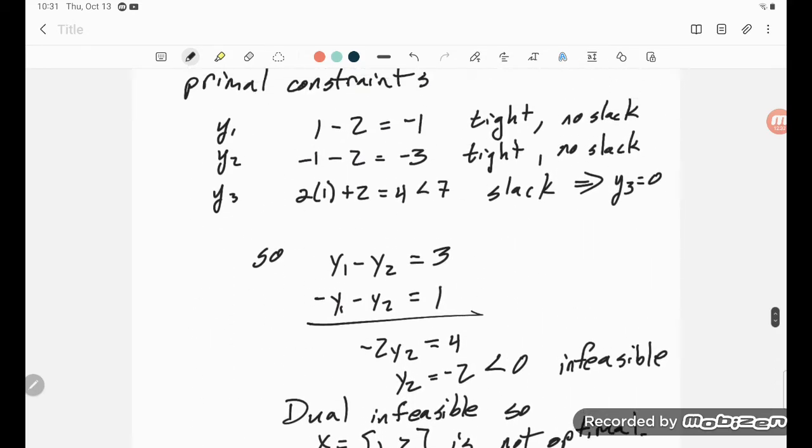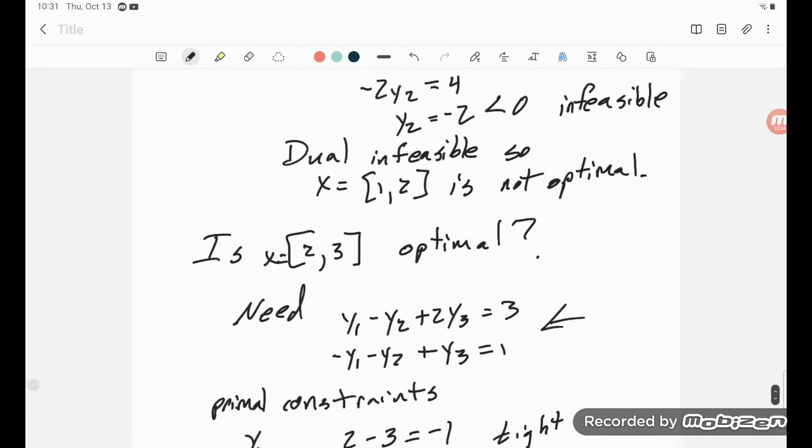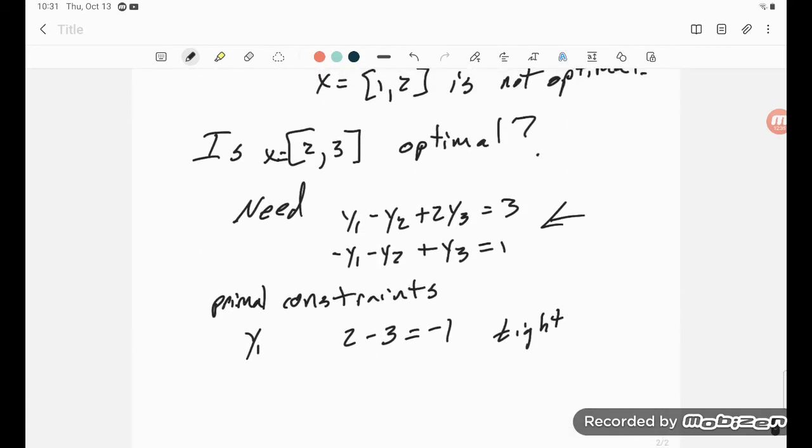Then the next was negative y1 minus y2, so minus 2 minus 3, that's equal to -5, which is strictly less than -3, and so there's slack there. And so our y2 needs to equal 0.